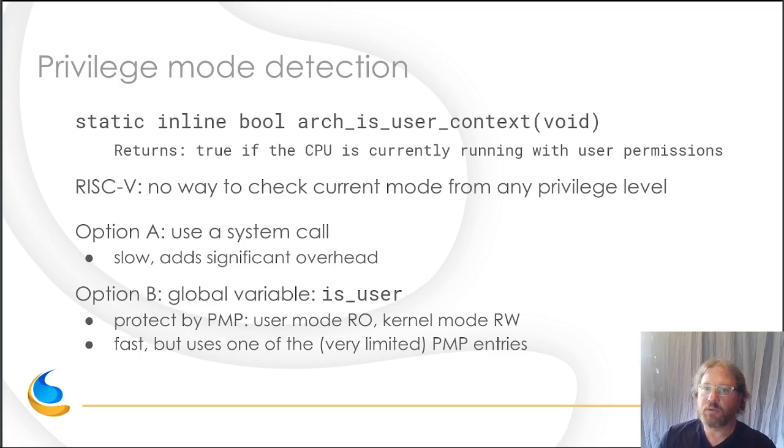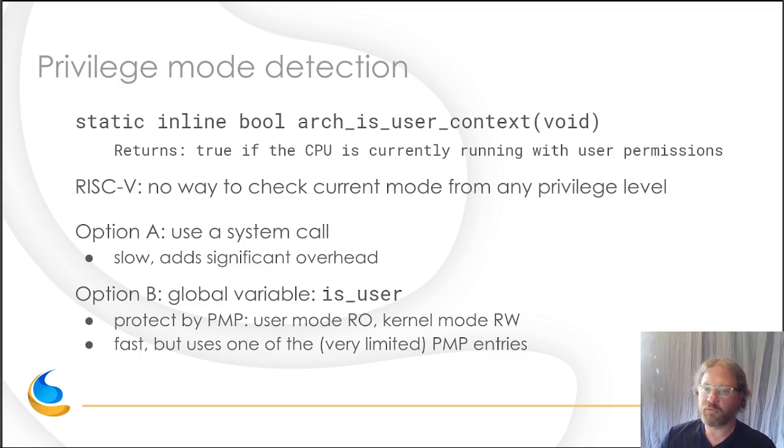Okay, so one of the first things we need to do to implement user space in Zephyr for a new architecture is to detect what privilege mode we're in. So the Zephyr API provides this function, arch_is_user_context, which just returns true if the CPU is running within user mode, and returns false otherwise.